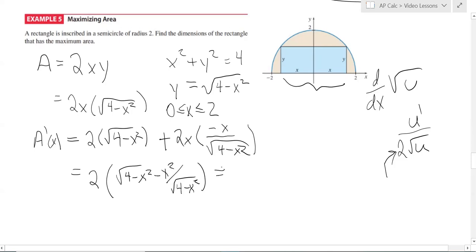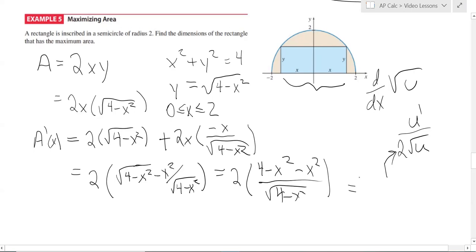Okay. Now we can simplify this even more. If we multiply the square root part, the radical right here, by root 4 minus x squared over itself, you would end up with 2 times 4 minus x squared minus x squared over root 4 minus x squared.